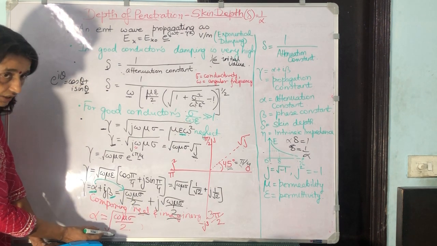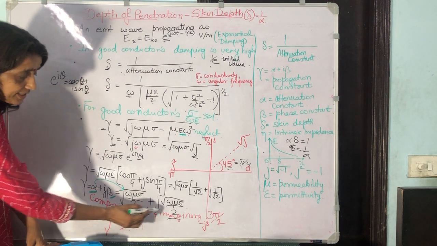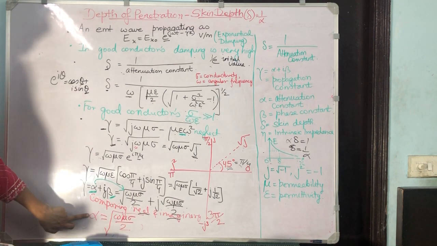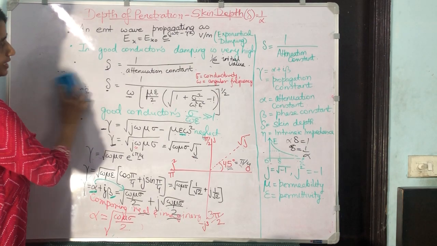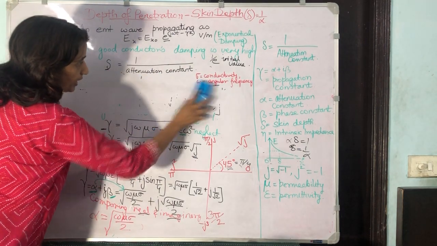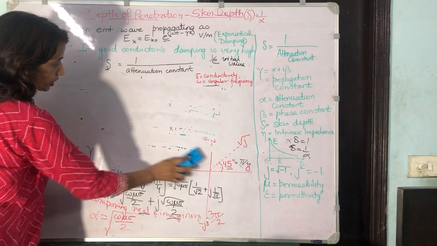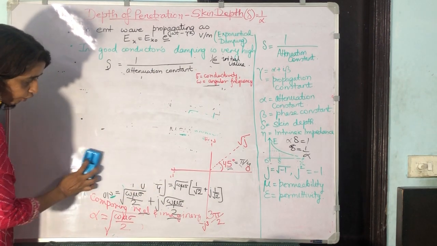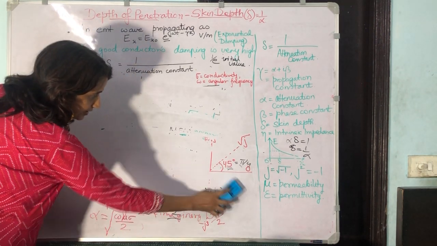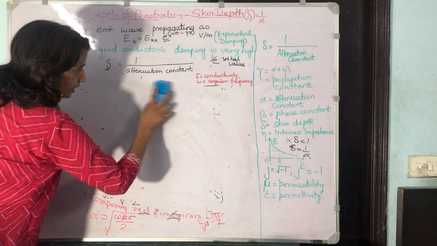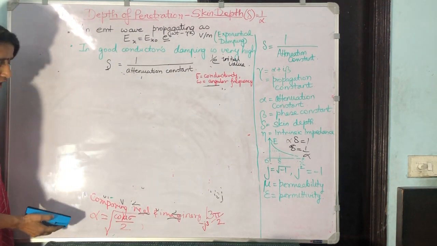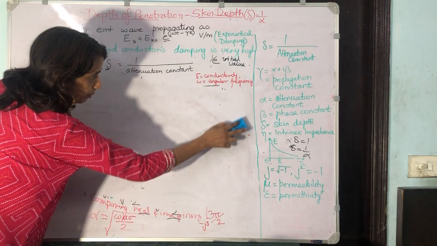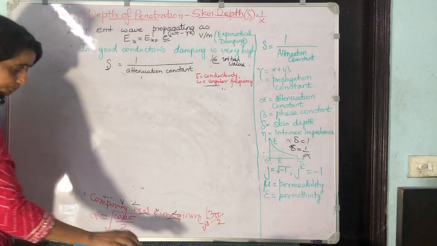This is what we get for attenuation constant, and same thing for phase constant. Now we know that skin depth is equal to 1 upon attenuation constant. So for good conductors, the value of attenuation constant has come out as under root omega mu sigma upon 2.